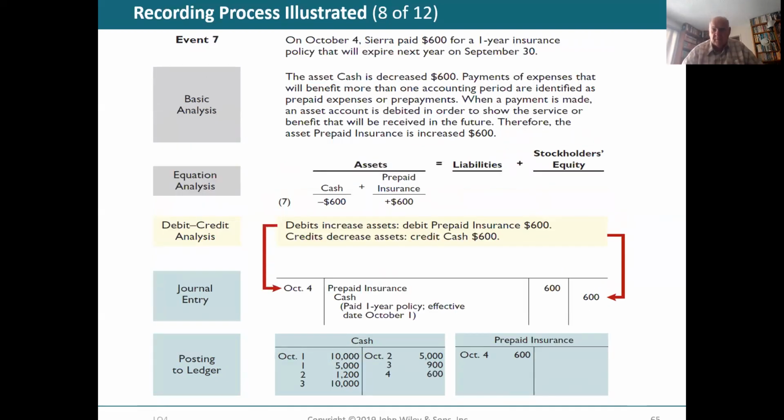Insurance policy. Remember, you buy an insurance policy, it's an asset. Prepaid insurance. The day you buy it, it can't possibly be an expense because it's for the future. Okay. So notice cash has a lot of activity there, huh?